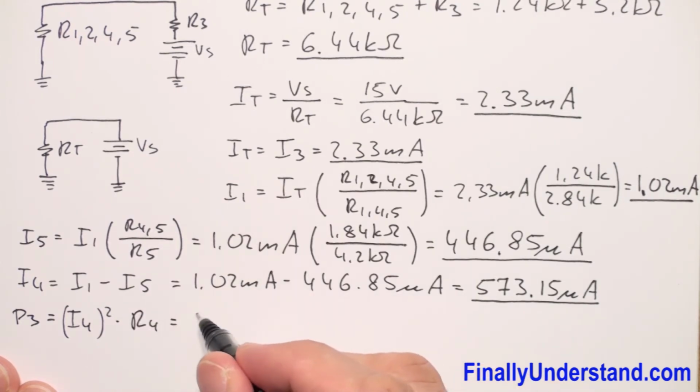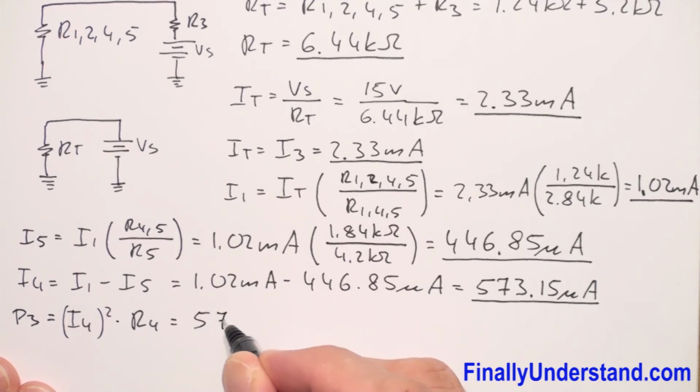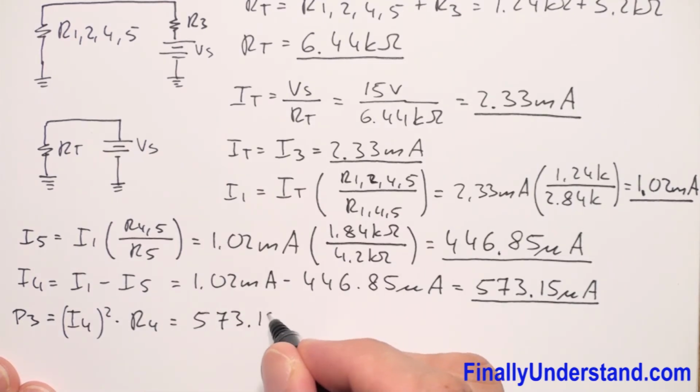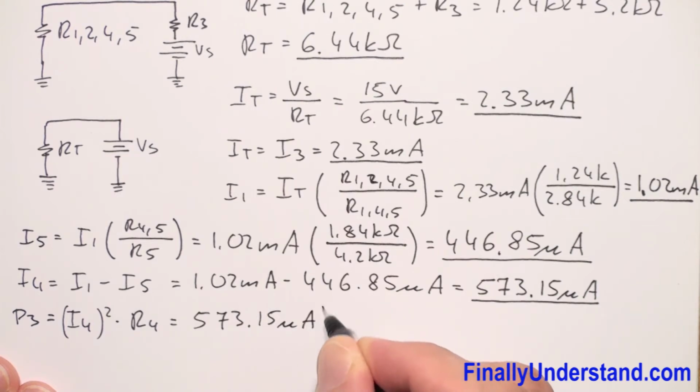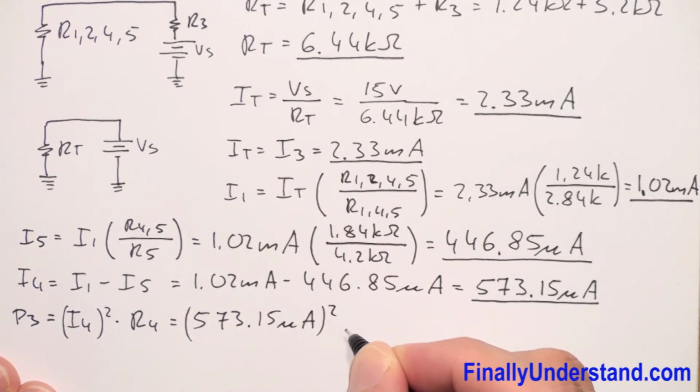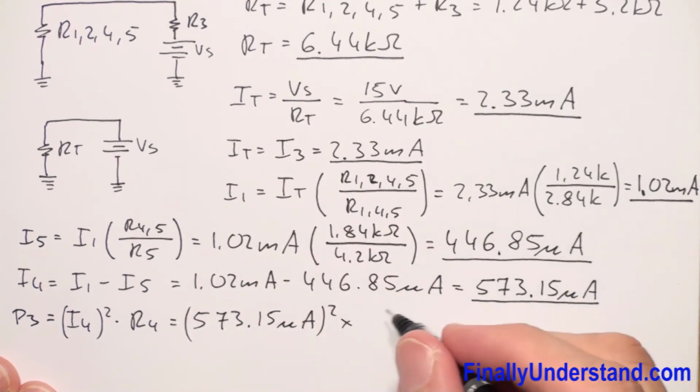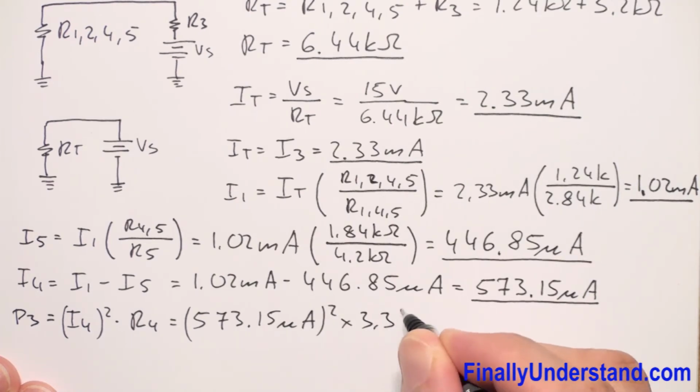And this is equal to 573.15 microamps to the second power times resistance R4, 3.3 kilo ohms.